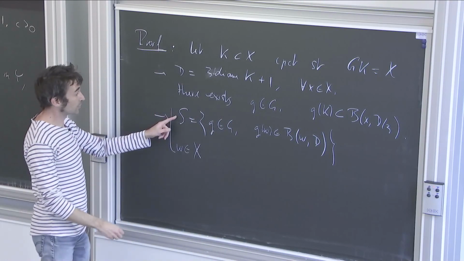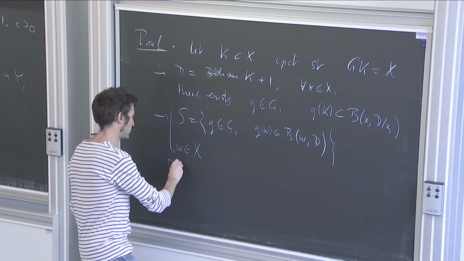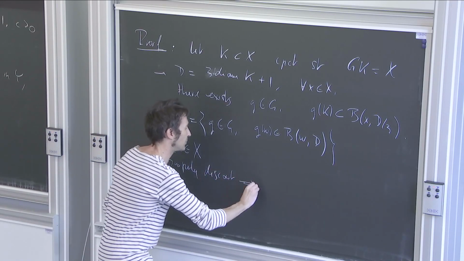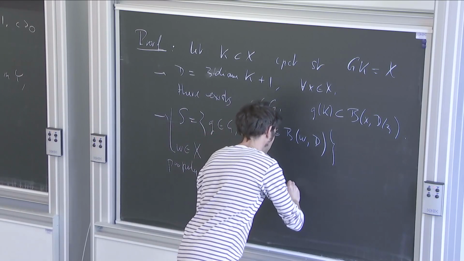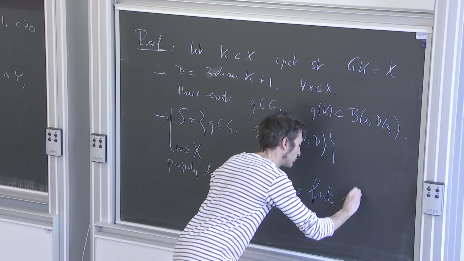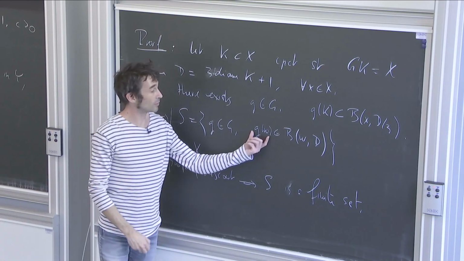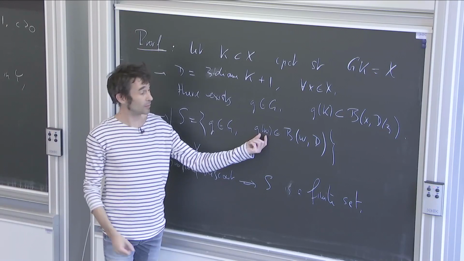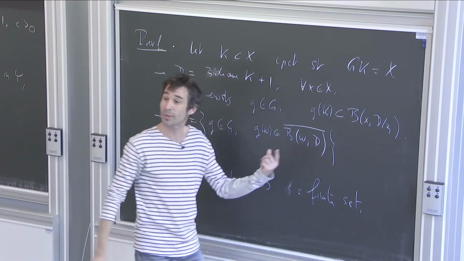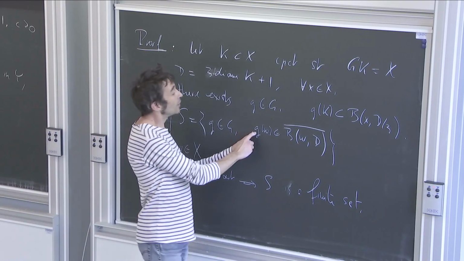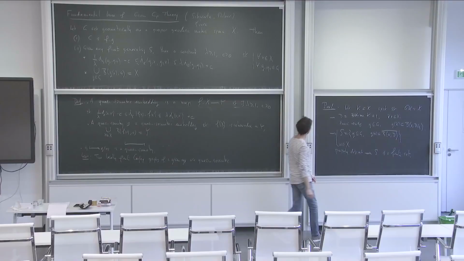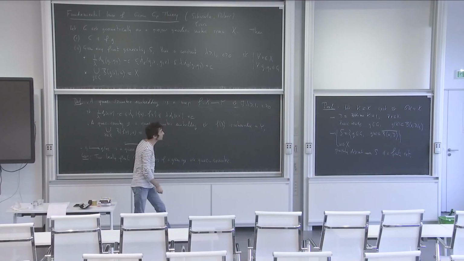So because the action is properly discontinuous, this means that S is a finite set. Okay, because W is a compact space, because it's just a singleton. And here what I could do is just close the ball. It won't make any difference. If G of W is inside the ball, then it is also in its closure. So then I can apply directly the definition that I have already erased.